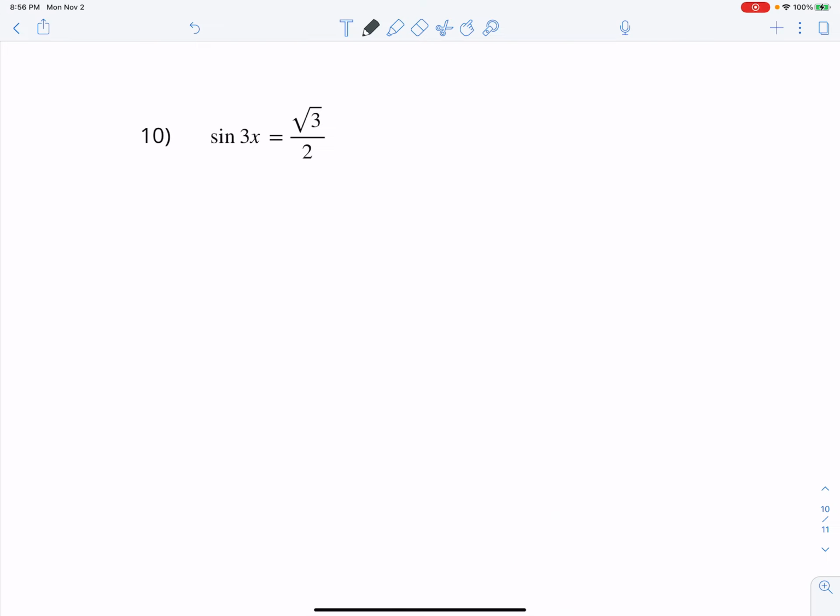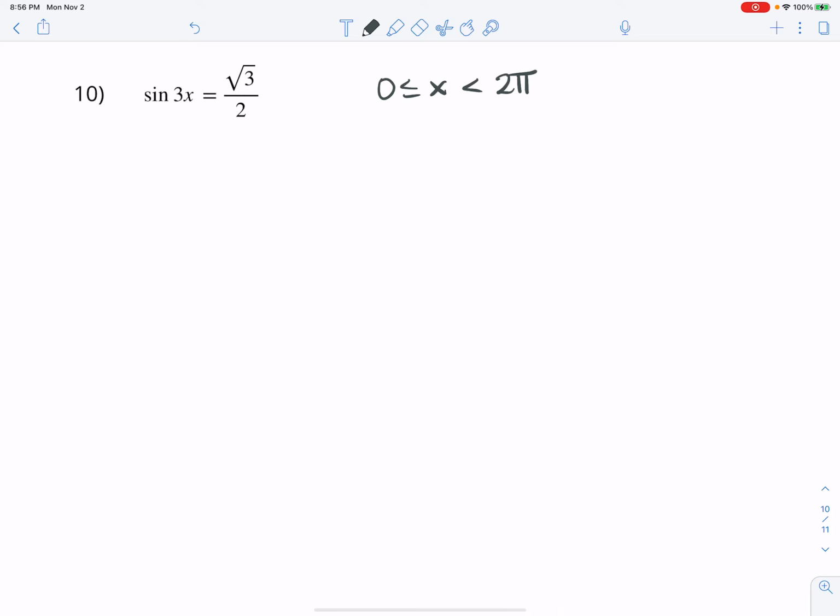So, coming back to it here. My suggestion would be, and I'm just going to remind us of the interval here, we're saying that x is between 0 and 2 pi. Well, I'm going to call this u because I already know how to handle sine of a single angle. Now, when I do that, though, I have to remember to replace this x by its counterpart in the u world.